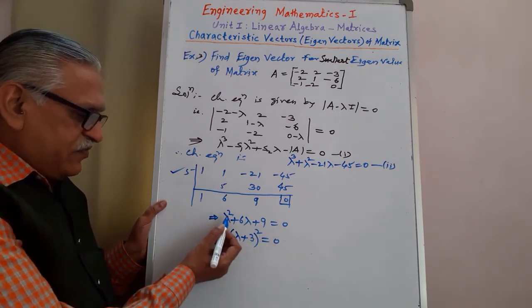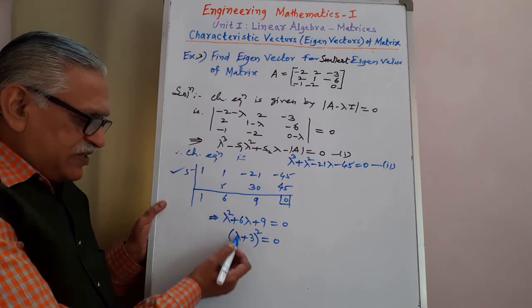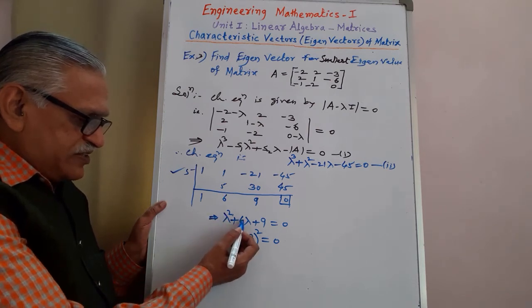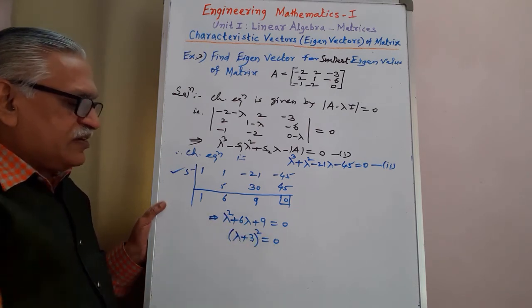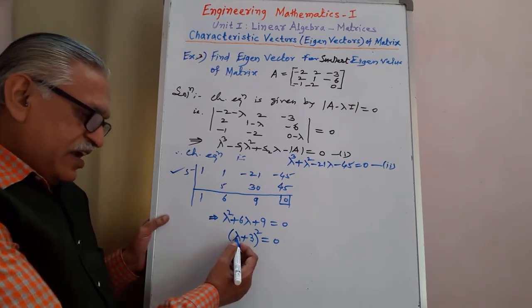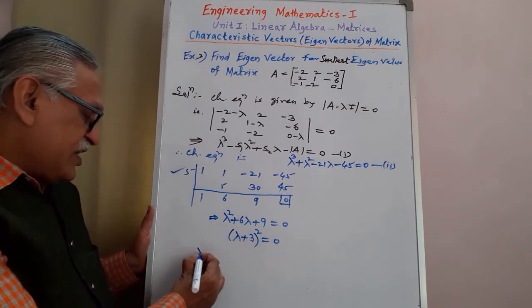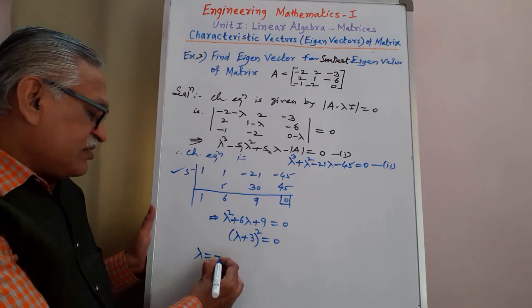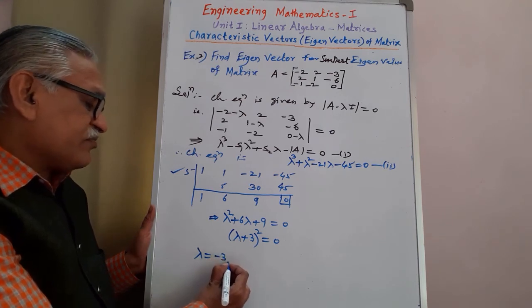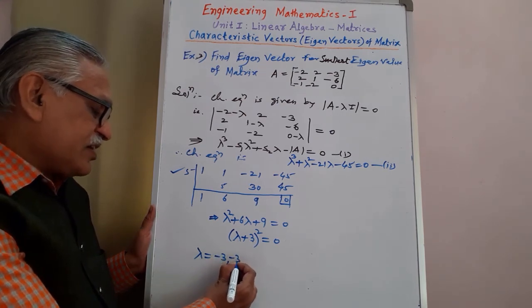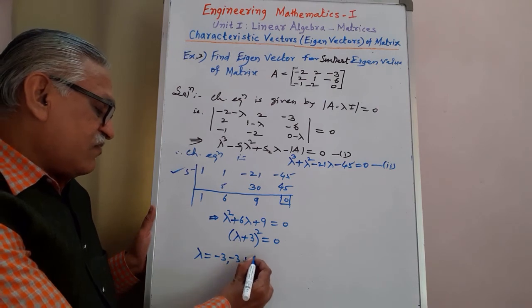If you expand it, we get the same equation. A square means lambda square, twice a b, we get 6 lambda, and b square, 3 square, 9. Equating each to 0, we have the values as minus 3, minus 3 and 5.